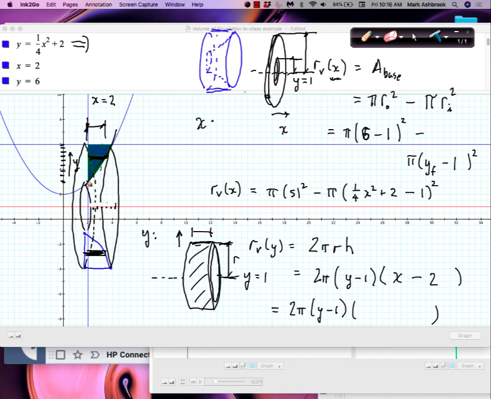So it's going to be y minus 2 first, right? Solving for x, then we're going to multiply by 4, and then we're going to square root it. So x is actually 2 times the square root of y minus 2, and that minus 2.